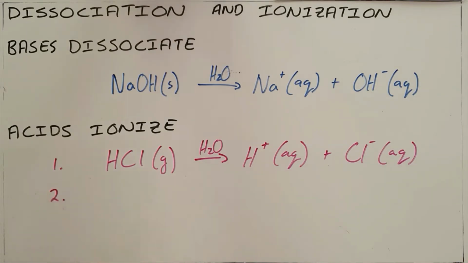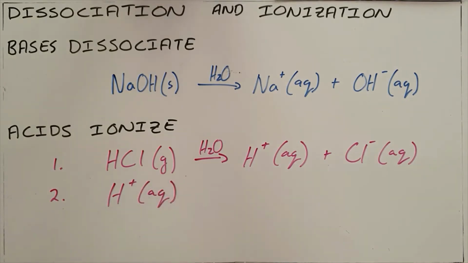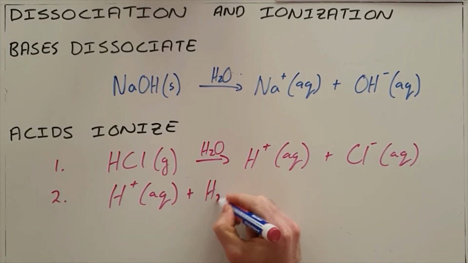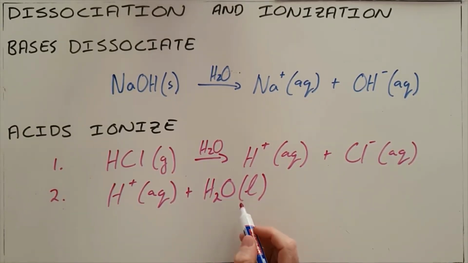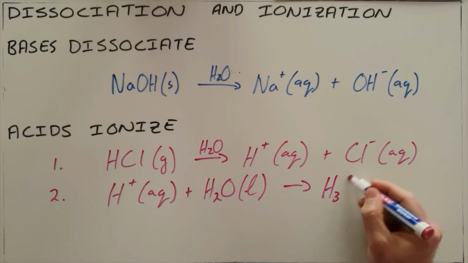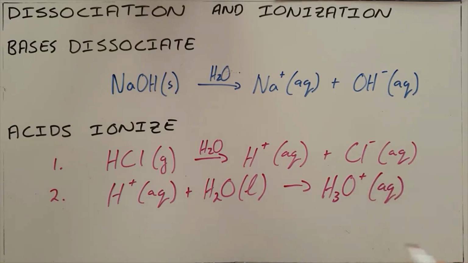The second step in the ionization process is where the positive hydrogen ions react with the water. And we know that water is in the liquid form here, so the positive hydrogen ions react with the water to form an aqueous solution of hydronium ions, H3O+.